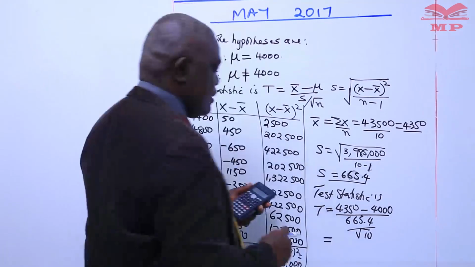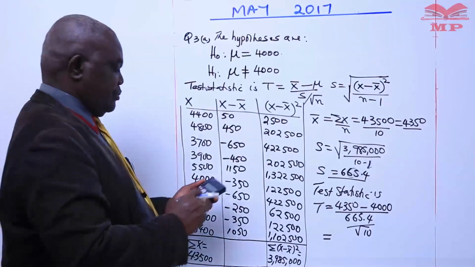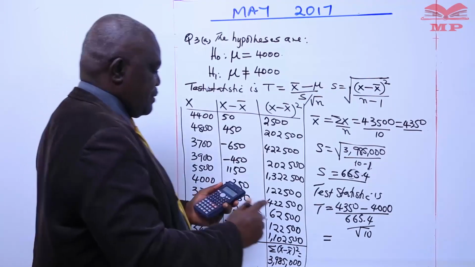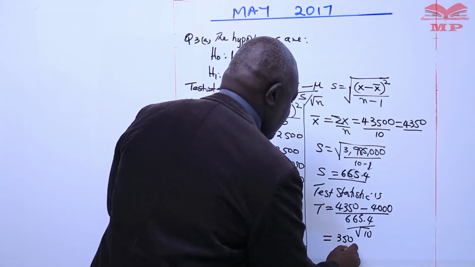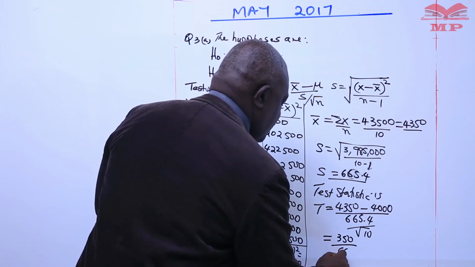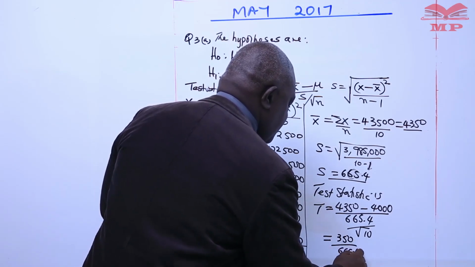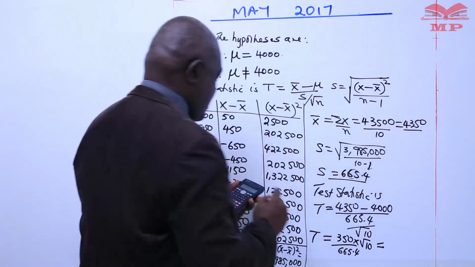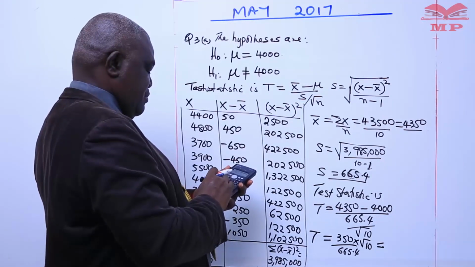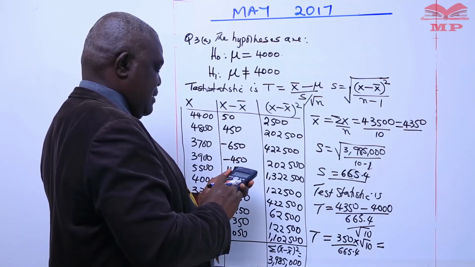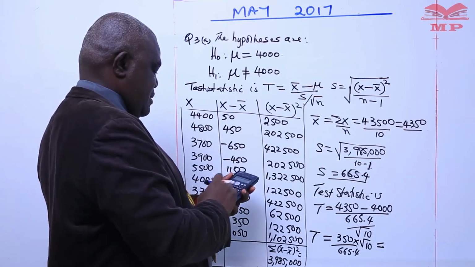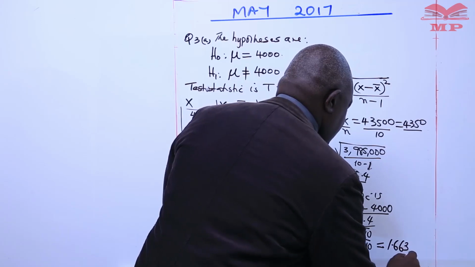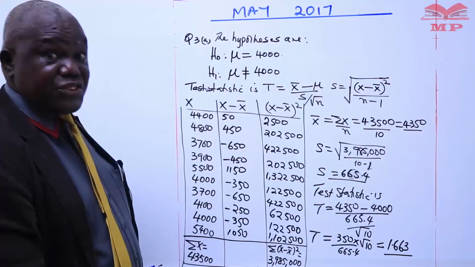That is 4350 minus 4,000, 350, all over 665.4, times root of 10, which gives 1.663. That is the value of the test statistic.